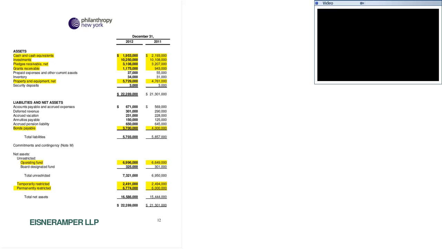Because if they're running at a deficit, but they're keeping the lights on, how are they paying their bills? They have to be borrowing against the temporarily restricted money or the permanently restricted money. So that's of concern. If you see a negative balance in unrestricted, that's something you should really follow up on, and that should be a red flag to you that something's wrong here, right?